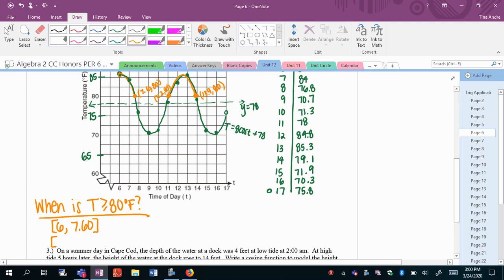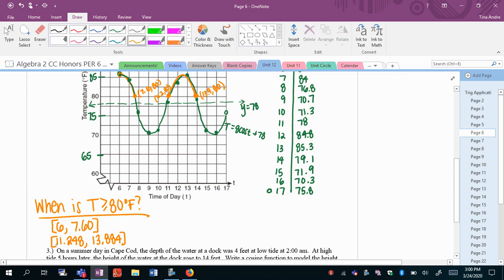So that's going to be from 11.248. Again, if you need to change the float on your calculator in the graph document, make sure you do that so that you get more digits. And then 13.884 is where it stops, or when it equals 80 again.